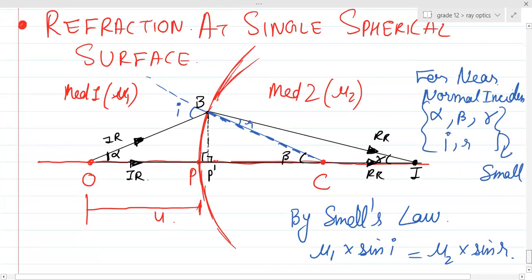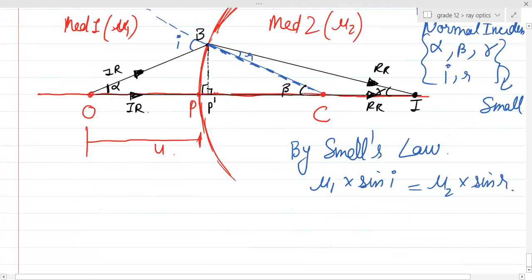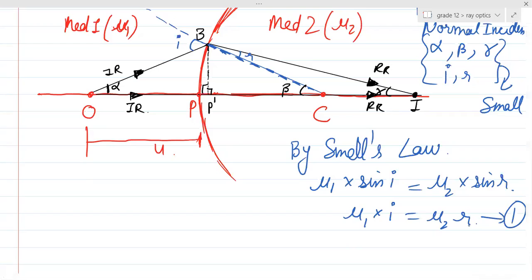Will they be small? If all of these angles are small, then can I write mu1 into i is equal to mu2 into r? This will be our equation number 1. Is that clear to everyone? Okay. Now see this particular thing, guys. This distance from P to C, what is the distance from P to C?